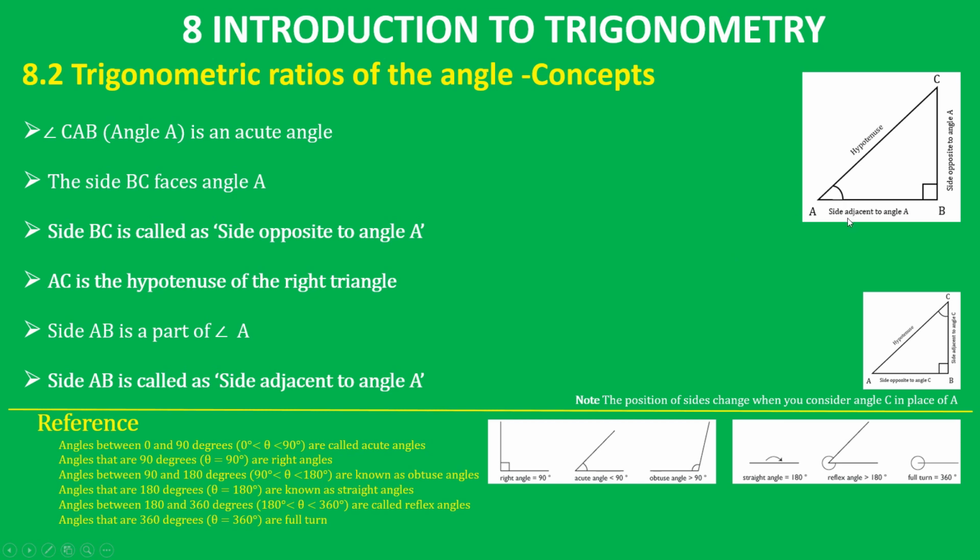You will appreciate it in the upcoming slides. Please remember, this is the side adjacent to angle A, BC is the side opposite to angle A, and AC is the hypotenuse. We'll go to the next slide.